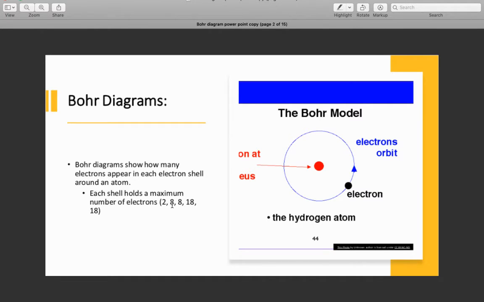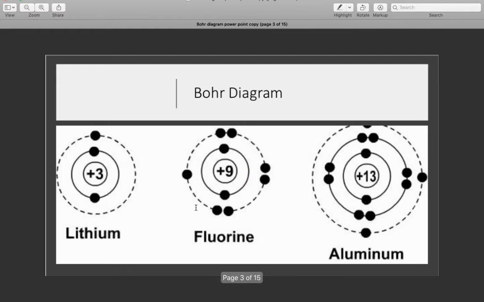And after that, the third shell will have eight again. And so on, it will go as 18 and 18. Right now we are just looking at the first 20 elements, so you will probably be looking at 2, 8, 8 maximum. It will get clearer when you keep practicing how to draw the Bohr diagram.